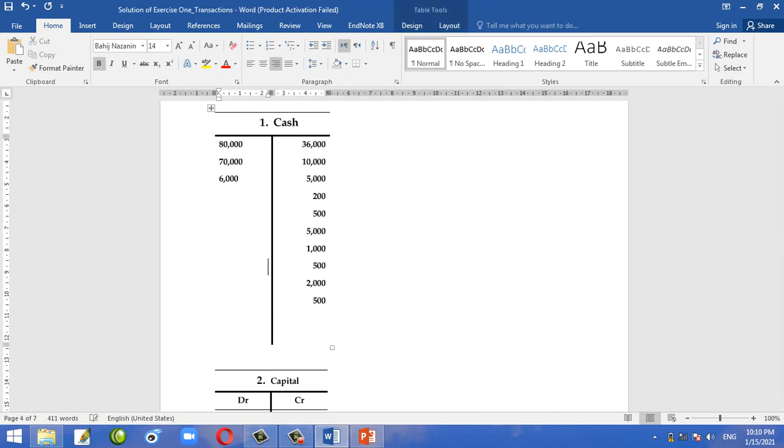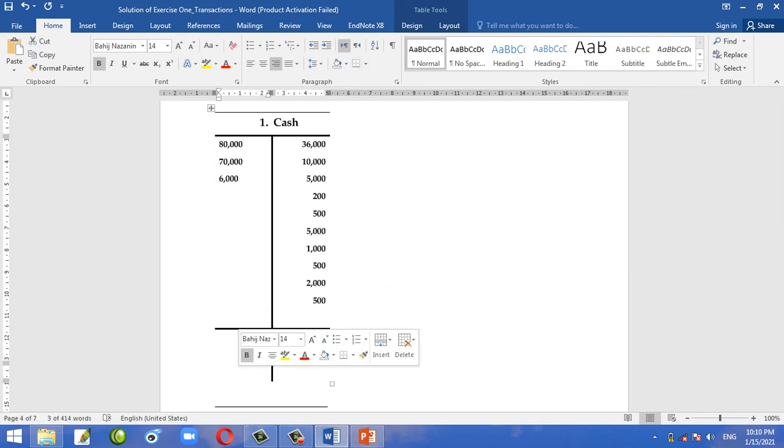For example, write the total of cash: 156,000 as debit, and in credit we have 36,000 plus 10,000 plus 5,000 plus 200 plus 500 plus 5,000 plus 1,000 plus 500 plus 2,000 plus 500.